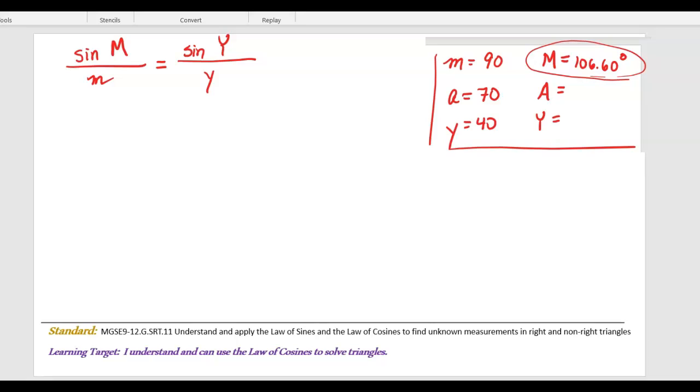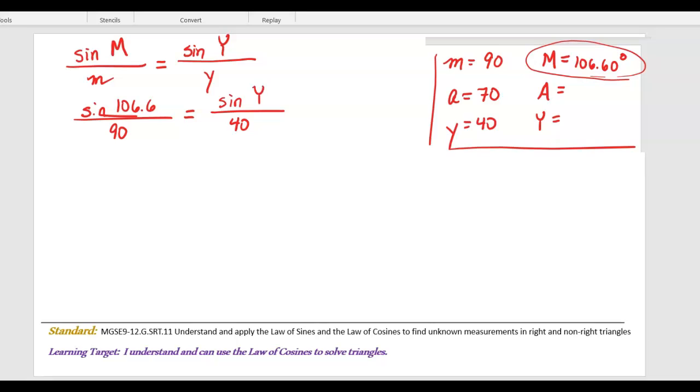So sine of 106.6 over 90 will equal sine of y over 40, where 40 is y.